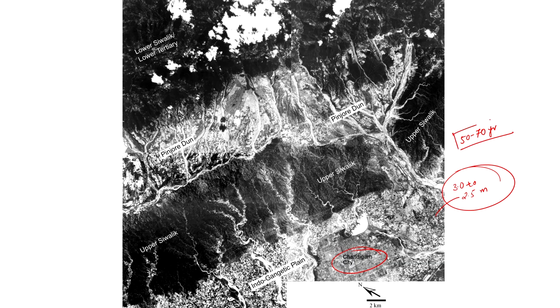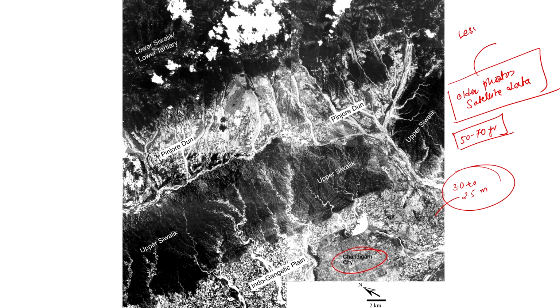Sometimes it is important to look at older aerial photos or satellite data, because if you use these, you see less modification of landforms. So this is one point that you can keep in mind.